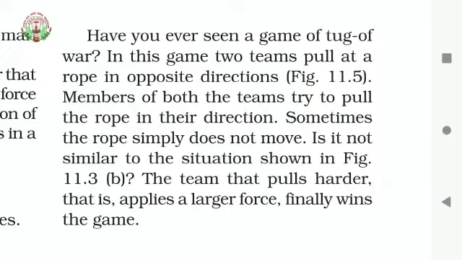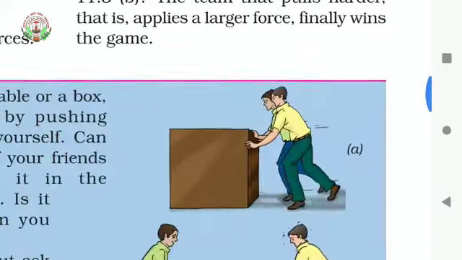If the force acting on the rope from either side is equal, in that case the rope will not move. Suppose one team applies more force on the rope. In that case, the team that pulls harder, that is, applies a larger force, finally wins the game.